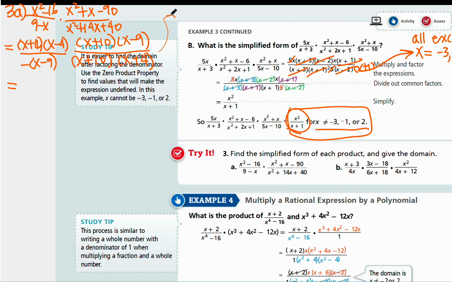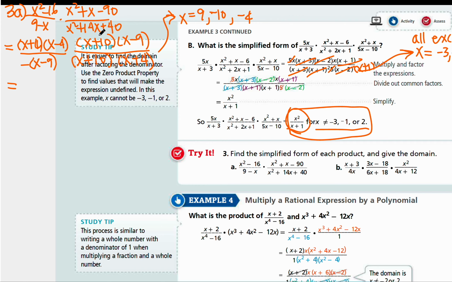But before we do that, let's write the restrictions. So x cannot be, the zeros of x are 9, and then we have -10, and we have -4. So these are the zeros which cannot be the values for x.